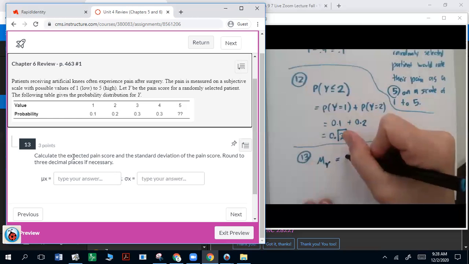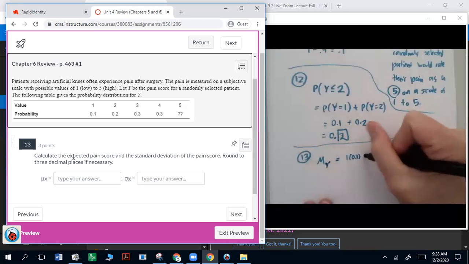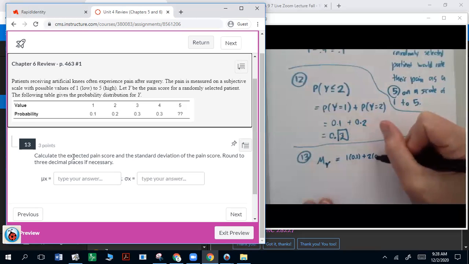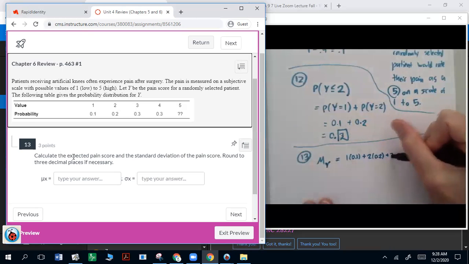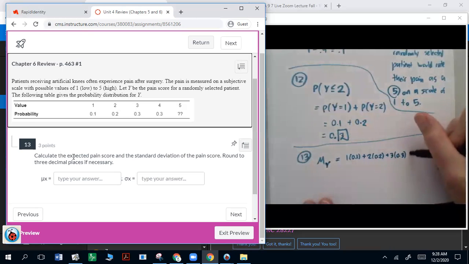So it's going to be 1 times 0.1, 2 times 0.2, 3 times 0.3, plus 4 times 0.3, and then plus 5 times 0.1. Remember, we had calculated that in the first problem.